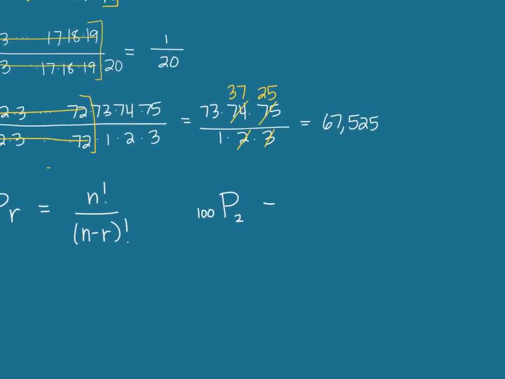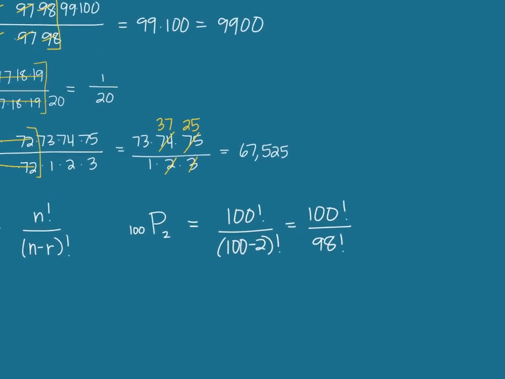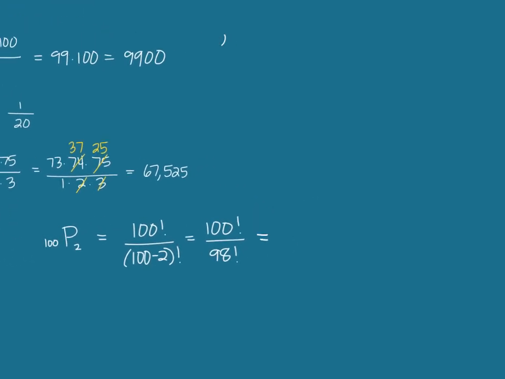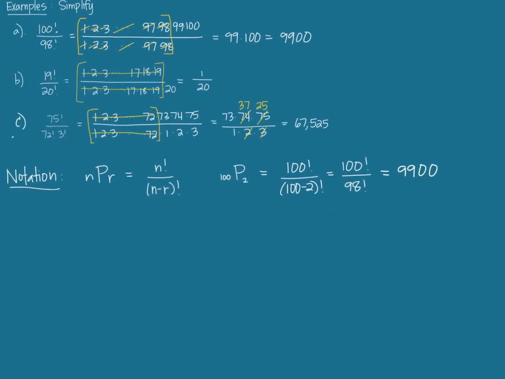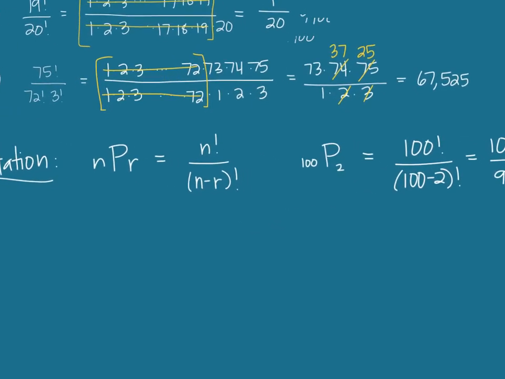So that would mean that 100 would be in the numerator, and 100 minus 2, the subtraction, would be in the denominator, which is 100 factorial over 98 factorial, which we already did, which turns out to be 9,900. That is the formula for what's called nPr.